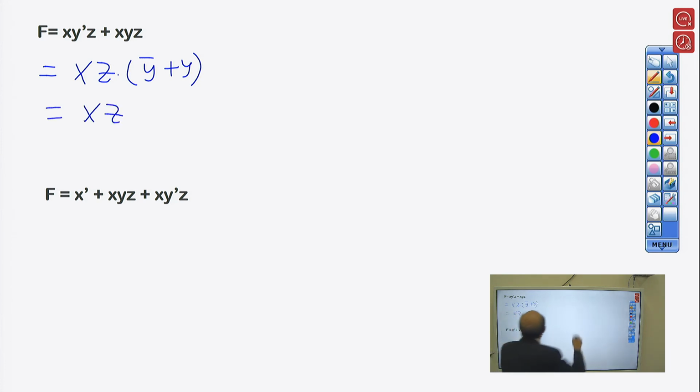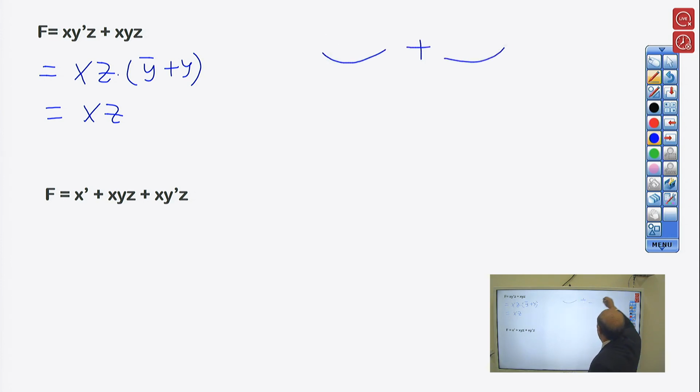If you have any two terms ORed, and they include the same variables and they differ on the state of one variable, then you can remove that variable.